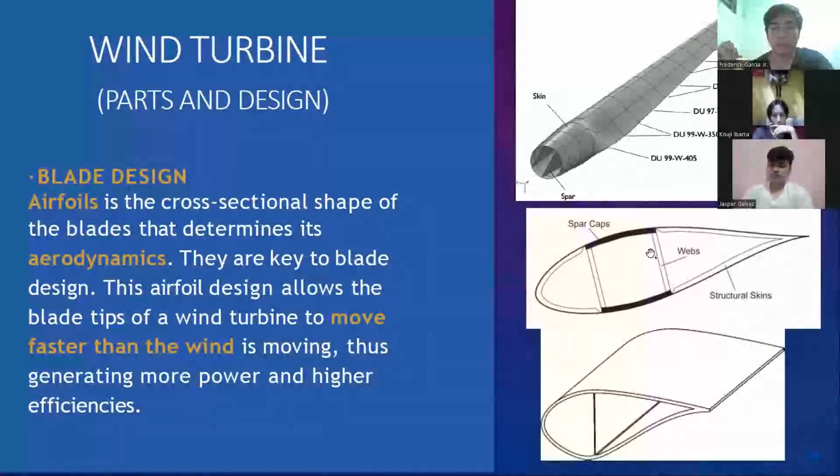But in order to avoid vacuums, the air that goes on top and the air that goes on the bottom must meet at the rear of the wing at the same time. So the air that goes on top must go faster. This creates what we call lift and drag.